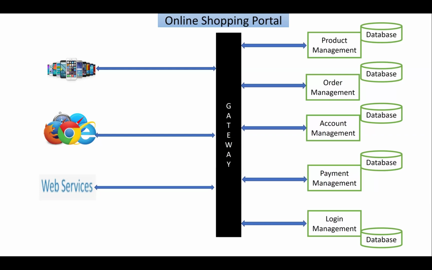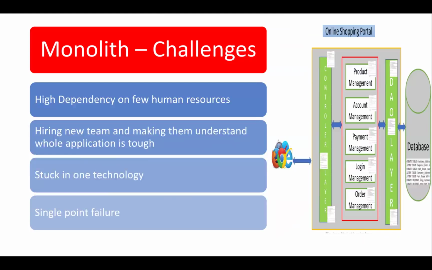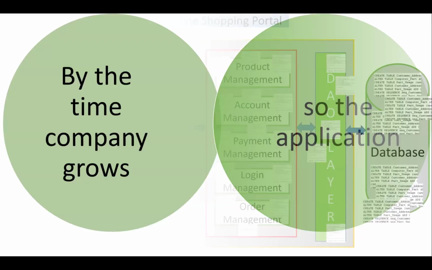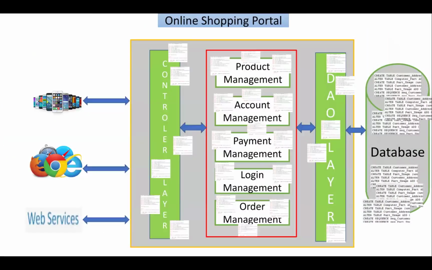Yes. So I have an application, it may be front end, it can be back end, it can be middleware, I don't care. The idea is I need to split it into smaller parts: product management, order management, payment management, login management, something like that. In the monolithic architecture, all are sitting in one area, one shell: product management, account management, payment management, login management, order management.